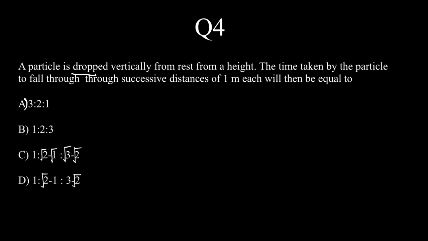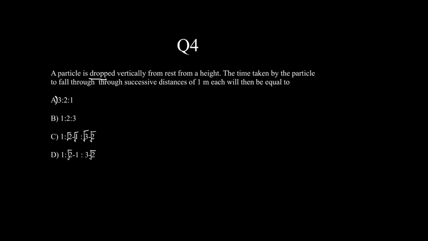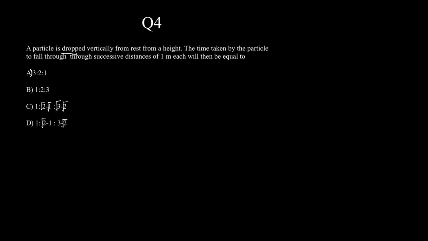A particle is dropped vertically from rest from a height. The time taken by the particle to fall through the successive distances of 1 meter each will be equal to, the options remain the same as for the previous question. So the concept is almost the same. An object is dropped from a height, but this time the height is not specified.